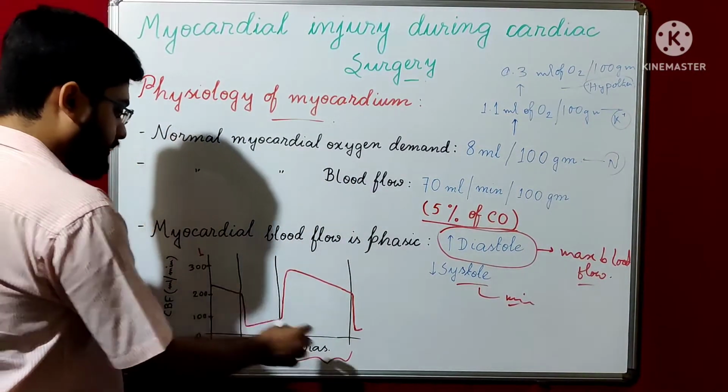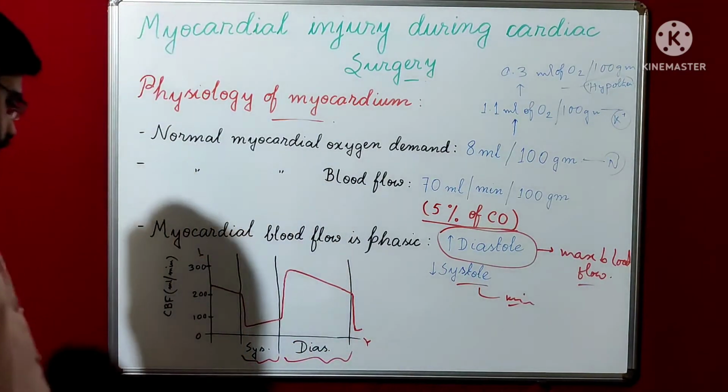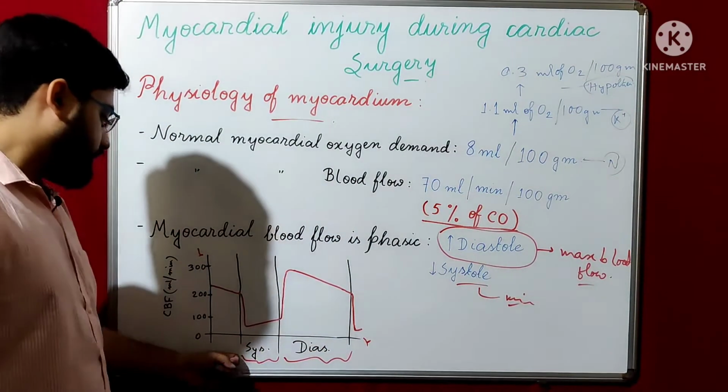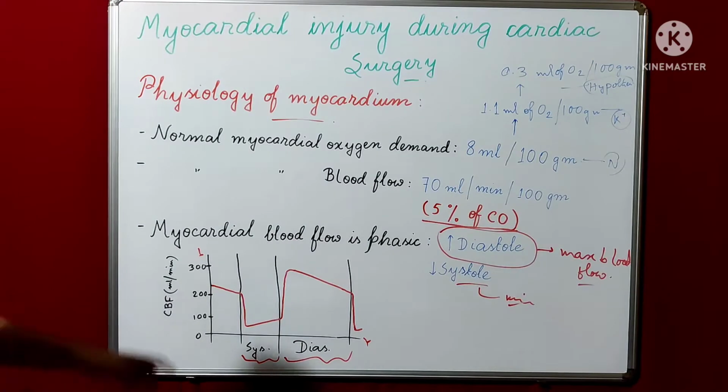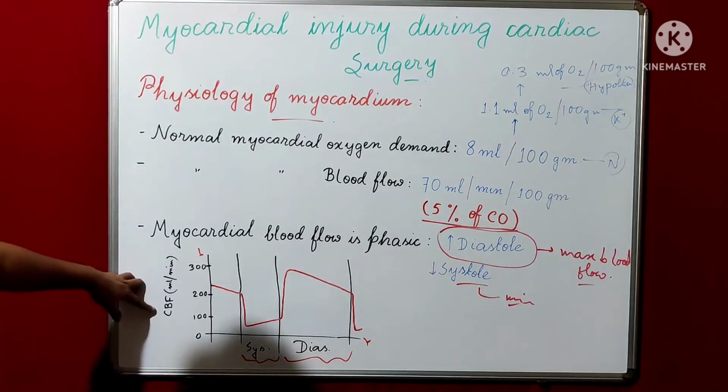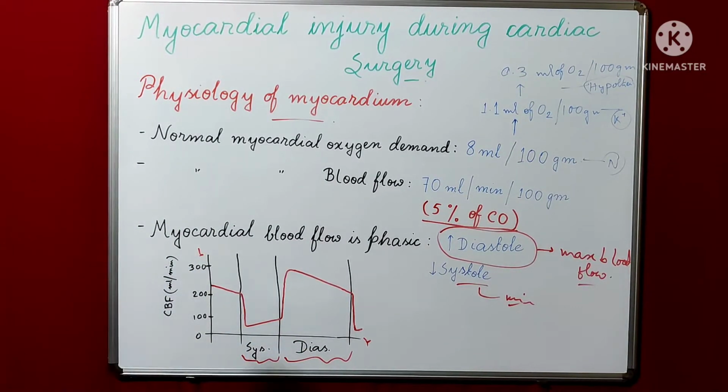Now, this is the x-axis, this is the y-axis. The y-axis denotes the phases of the cardiac cycle and the x-axis denotes the coronary blood flow in ml per minute.